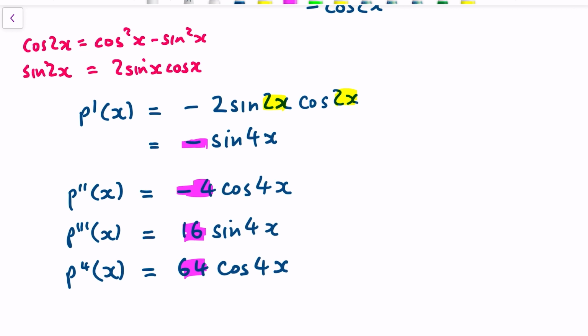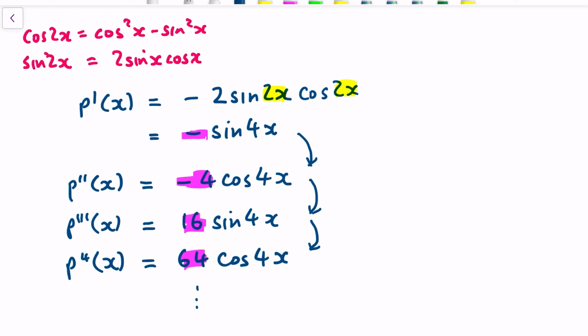So as we're moving our way down this, we're going from a negative sine graph to a negative cosine. Then we're going from a negative cosine to a positive sine. Then we're going from a positive sine to a positive cosine, and so on. So we're kind of generalizing here.